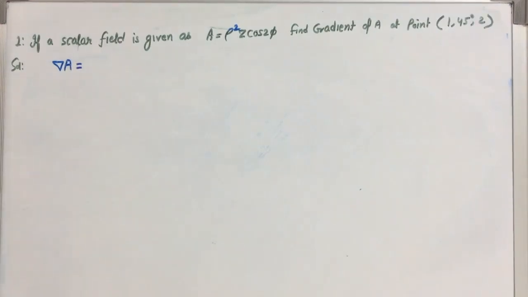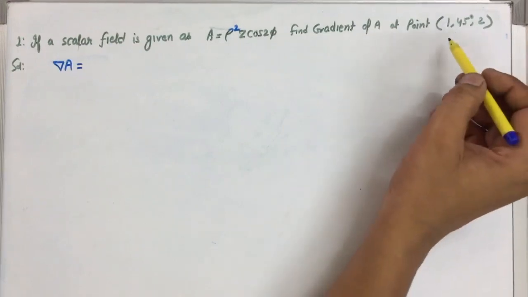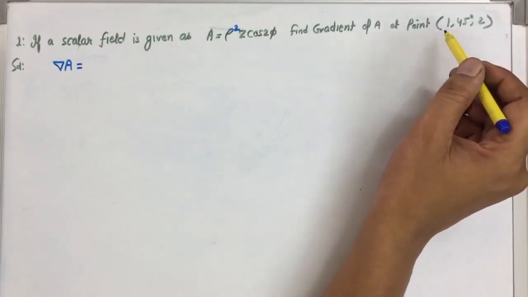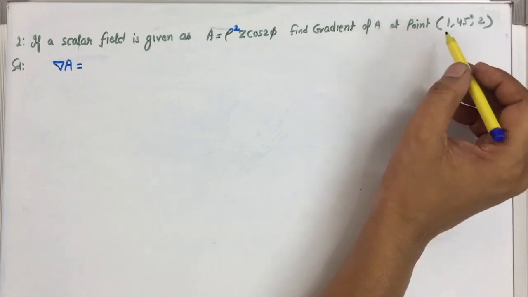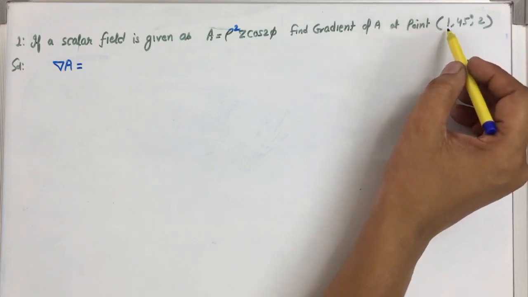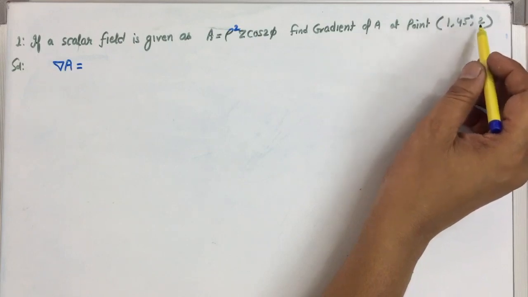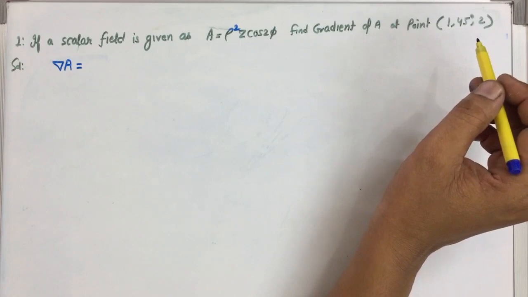The second point is that from the coordinates of the point, we can judge which coordinate system the problem is talking about.